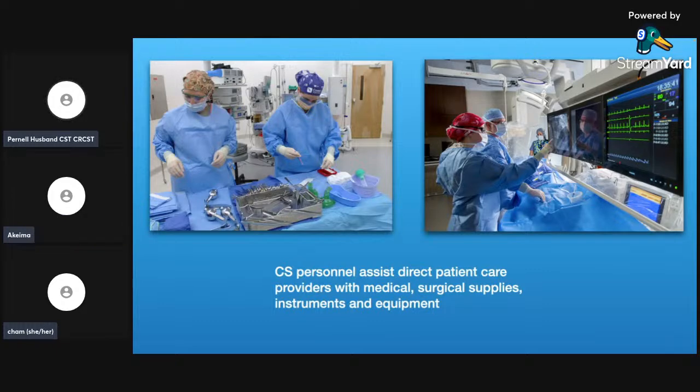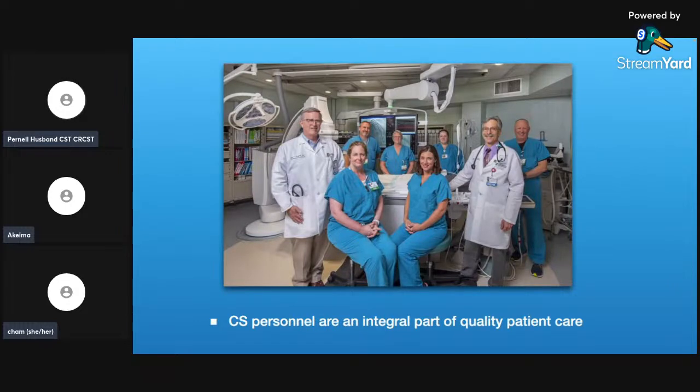We're providing them with what they need to do their work. We're taking care of the instruments that are going into somebody's brain. Central service personnel assist direct patient care providers with medical, surgical supplies, instruments, and equipment. Those are our customers. Central service personnel are an integral part of quality patient care.